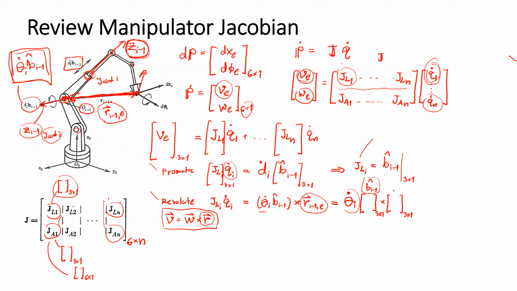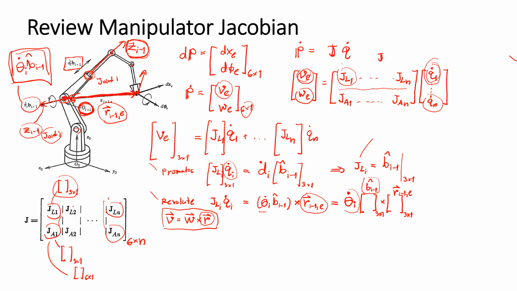The relative position vector points from the origin of the frame I-1 to the end effector position.